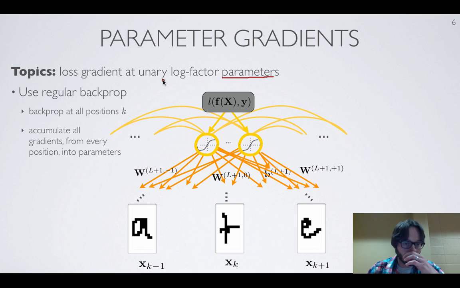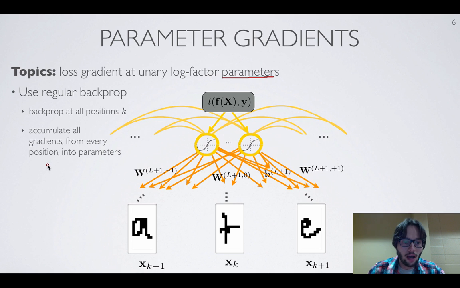Fortunately, we've seen that backpropagation allows us to very efficiently apply the chain rule and backpropagate the gradients to all the parameters. So from the log unary factors, I get the partial derivative with respect to the pre-activation values at the output layer of the neural nets inside the CRF, and then I can backpropagate those towards all the parameters of the model.